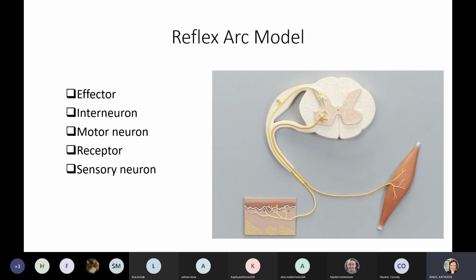I want to briefly chat with you about the Reflex Arc Model, and then we're going to dive into muscles and bones. This model should look familiar because we already labeled it previously for things like the sensory neuron, the motor neuron, and the interneuron. Now we can label a few extra things that we couldn't label before. Remember from the first time we labeled this that the yellow neuron was a sensory neuron, collecting sensory information.